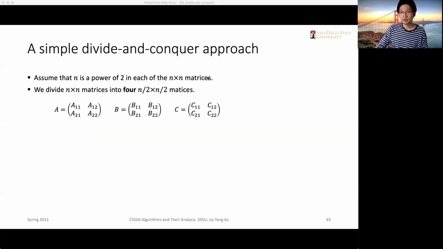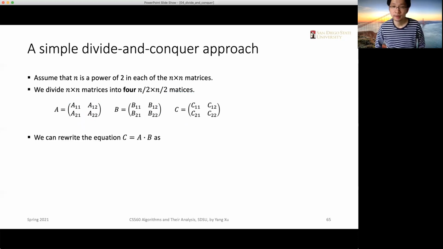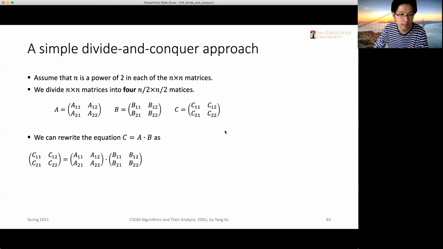So given this division, we can rewrite the equation C equals A times B using some knowledge from linear algebra. We rewrite it into the form of submatrices, and it actually indicates we need to follow the same rule as matrix multiplication.